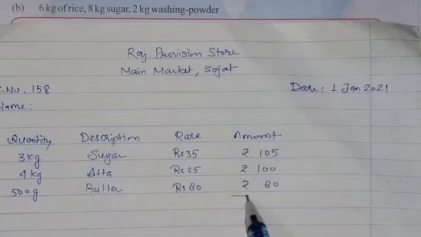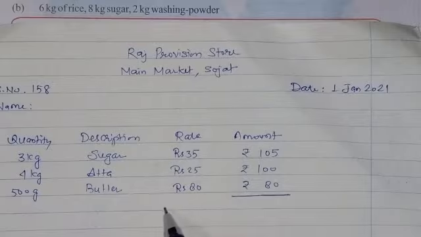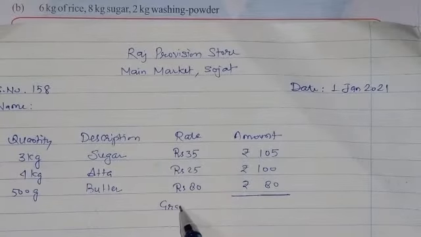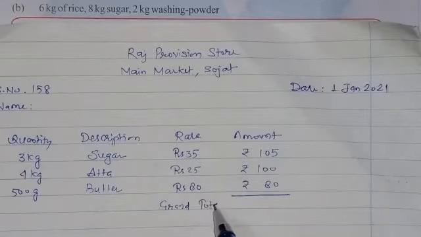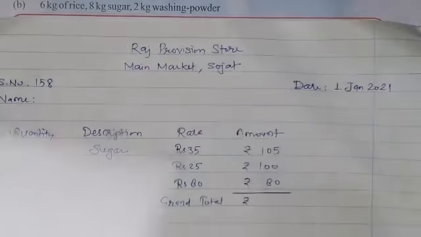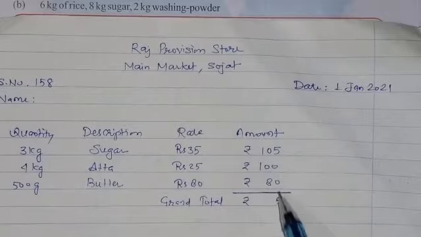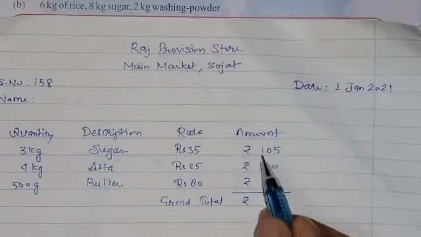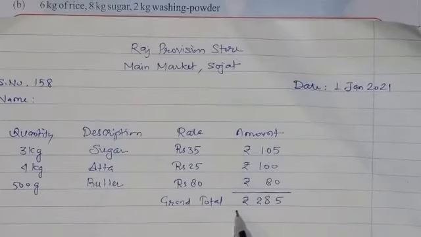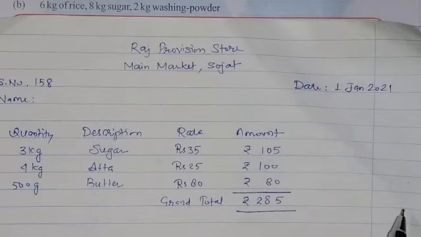Okay students, now here will be the grand total in rupees. So add these numbers: 5 as it is, 8 as it is, and 1 plus 1 is 2. It means the grand total is 285 rupees.